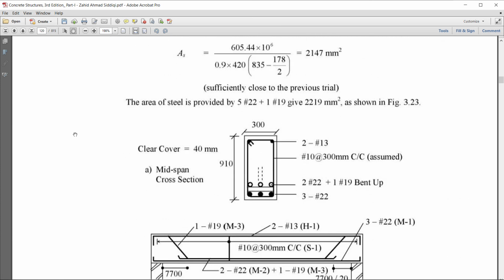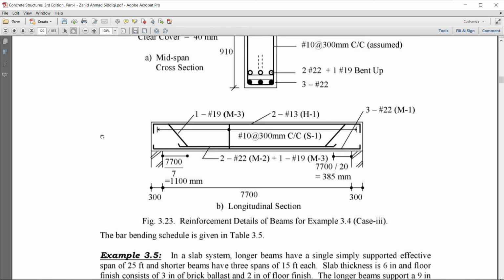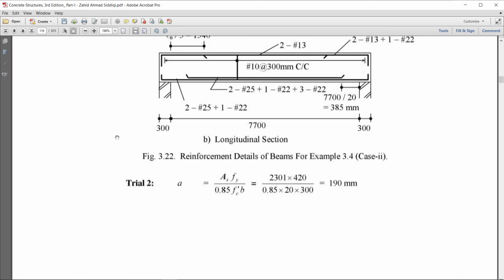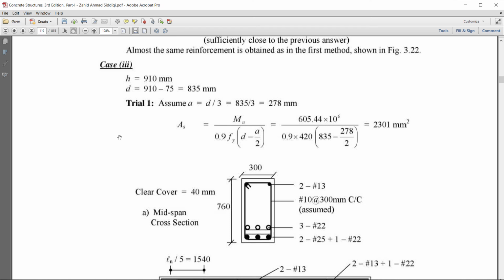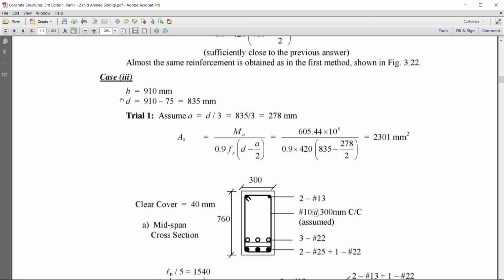Now the third question statement is here. In the third question statement, use H 910 millimeter. D is 910 minus 75, 835 millimeter. It is mentioned to perform the design using the trial method. So assume a = d/3, and get the As.